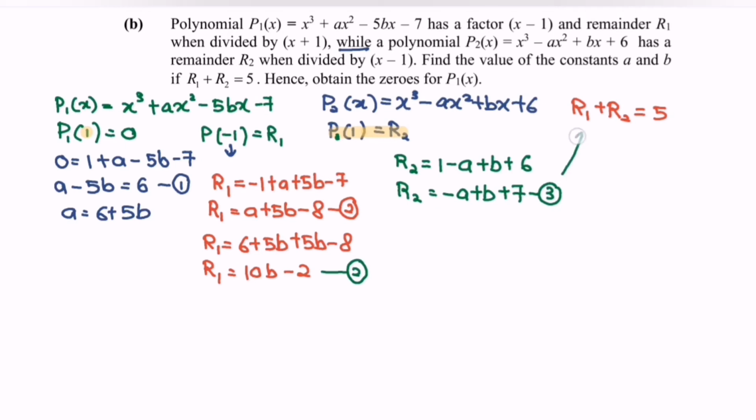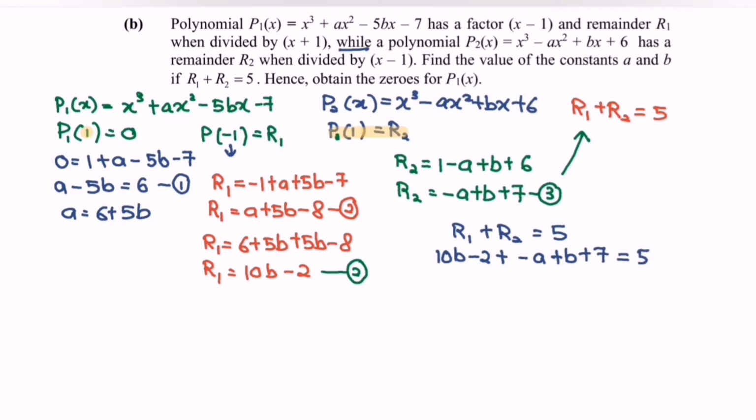So r1 plus r2 equals 5. So 10b - 2 plus r2, where we have -a + b + 7, equals 5. Kindly simplify the situation.